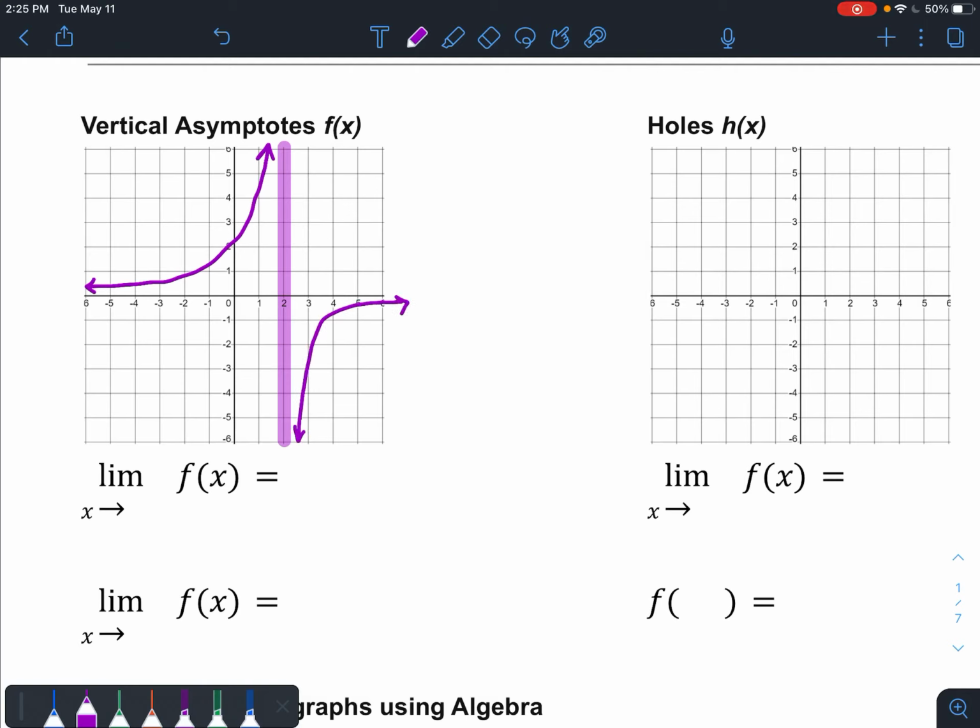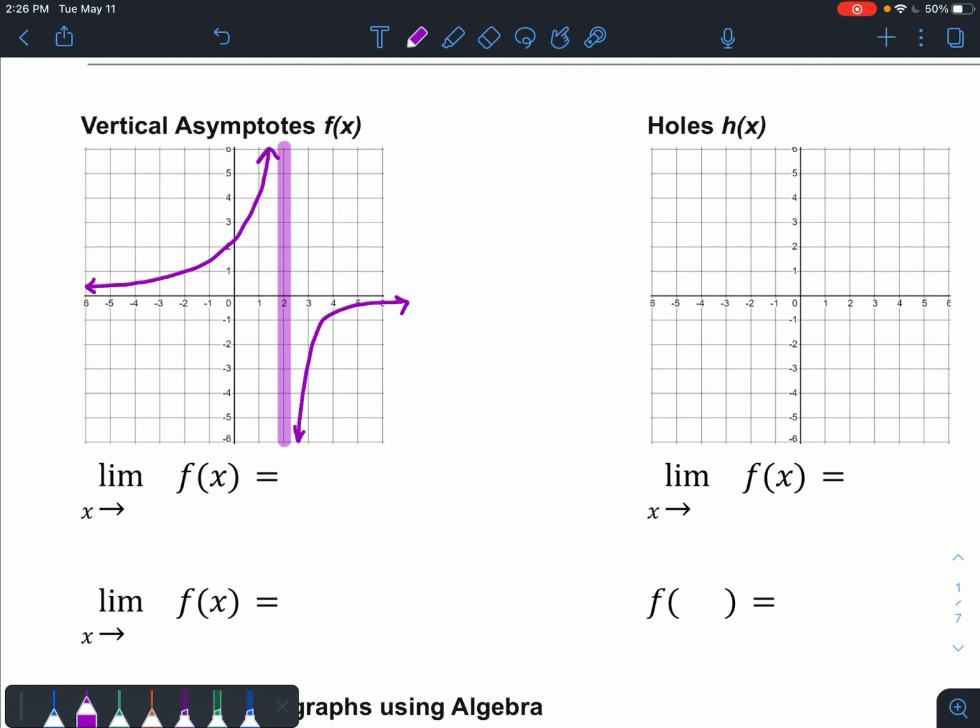So usually with rational functions we have something that has also a horizontal asymptote as well. So what I want to do is look at this.